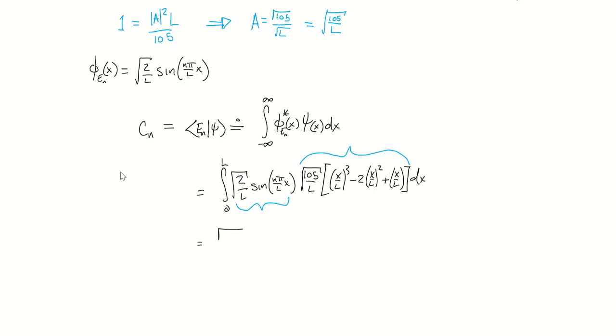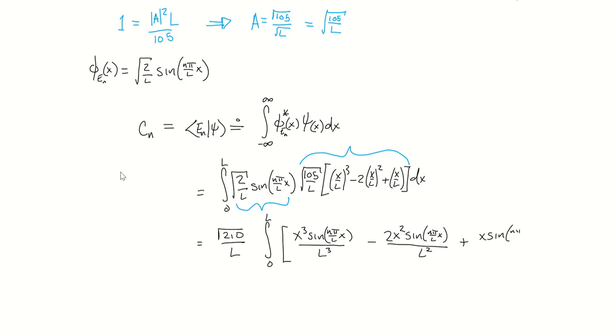Just expanding this out, we can pull out that 210 over L, and now we're going to integrate from 0 to L, and this is going to look like x cubed sine of n pi over L times x all over L cubed, minus 2x squared sine of n pi over L x over L squared, plus x sine of n pi over L x over L, dx.